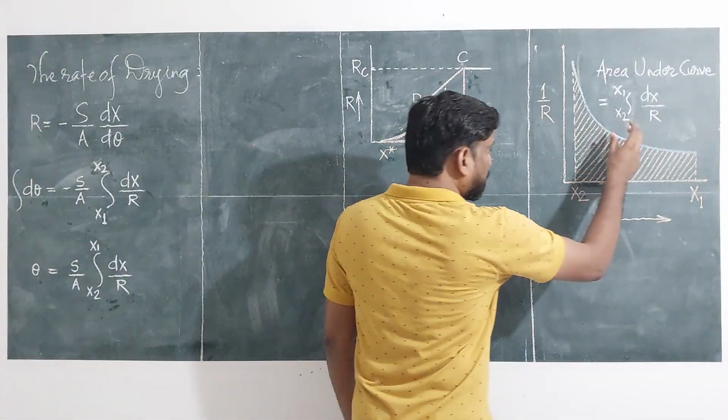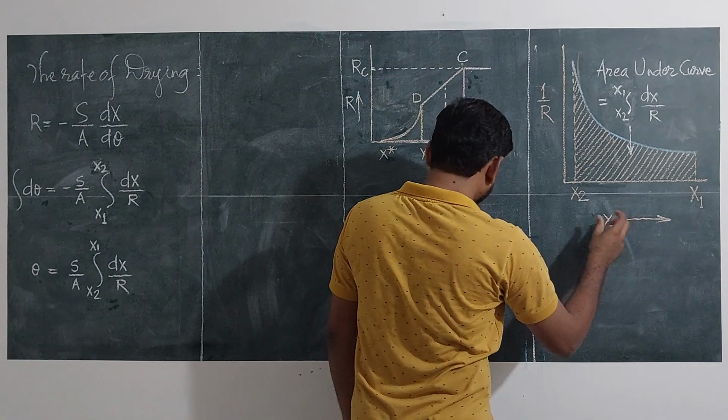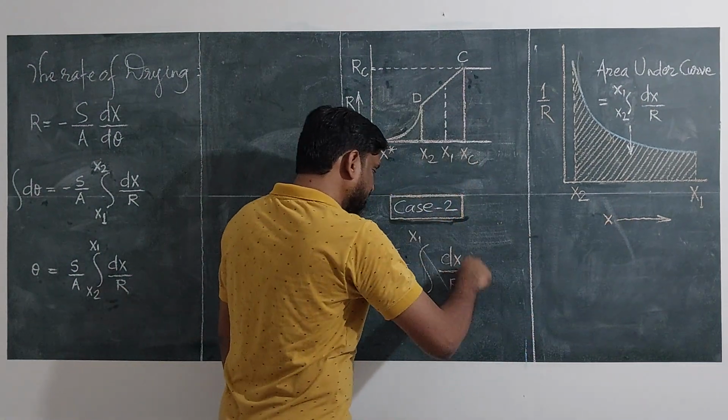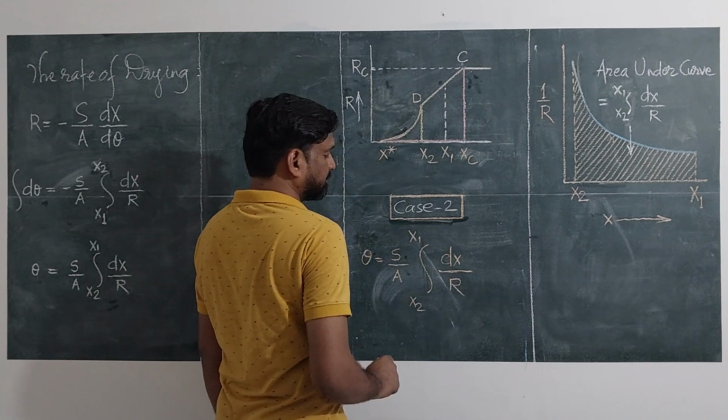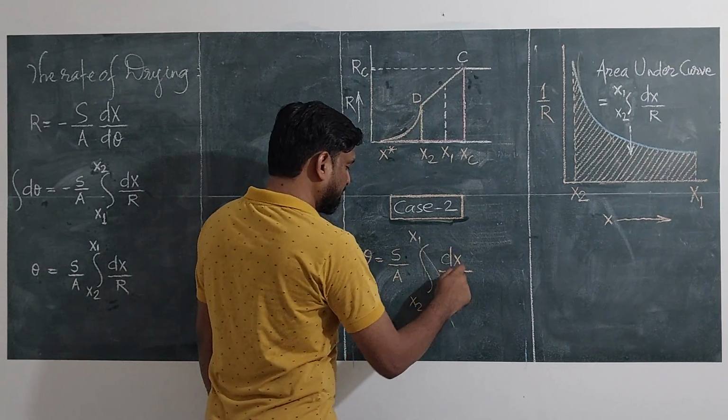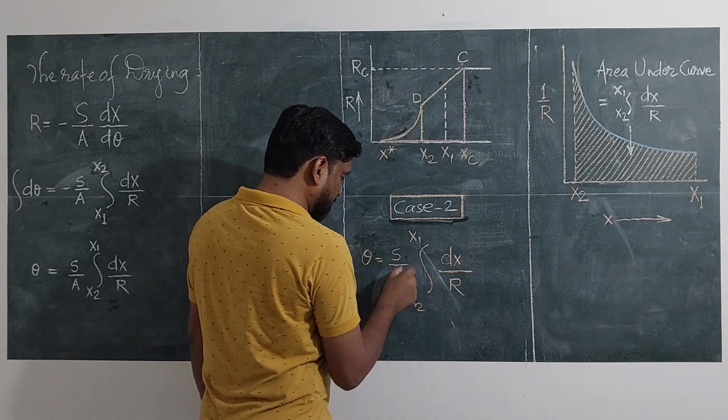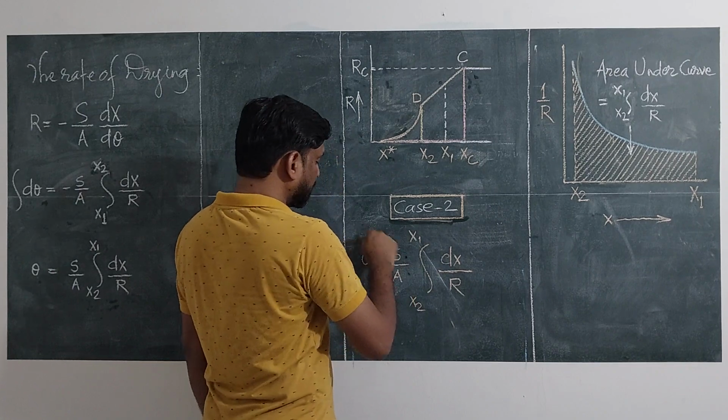So once we get the area under the curve, it has to be put in place of this integral part, and this integral part multiplied by S divided by A will give you the value of theta.